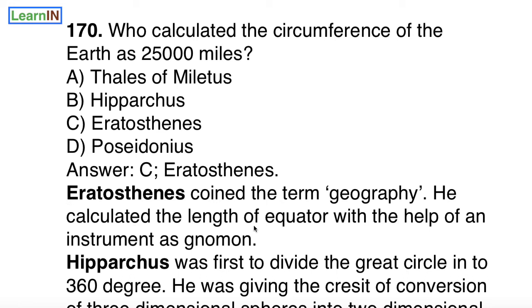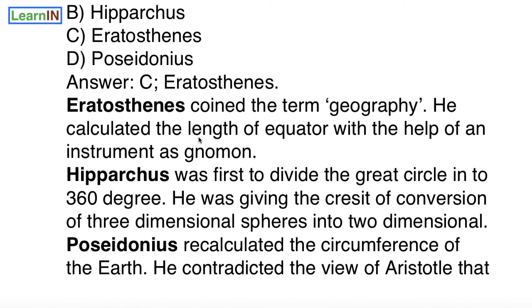He calculated the length of the equator with the help of an instrument called the gnomon, and he calculated the circumference of the earth as 25,000 miles. And what is a gnomon?